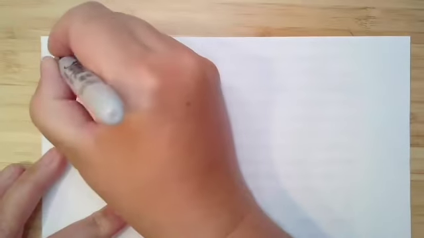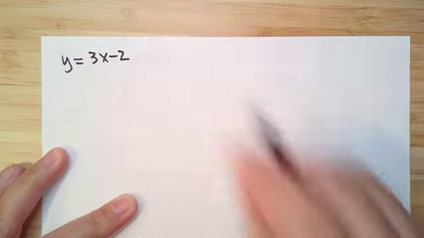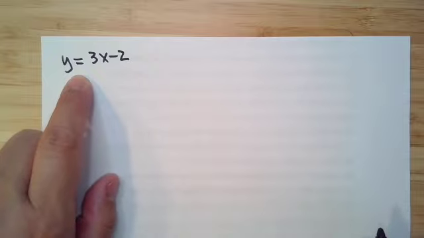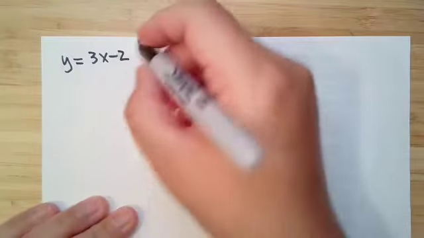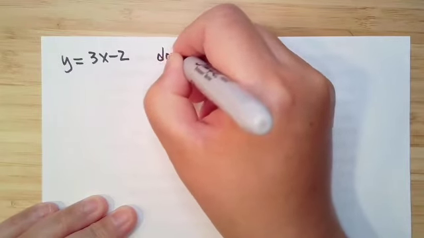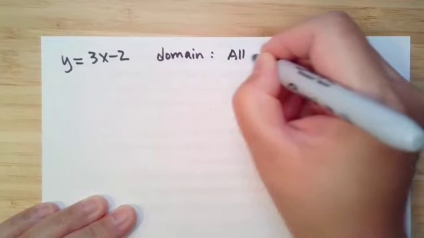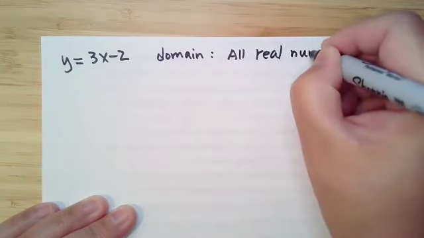So that's the first situation. Now the next situation: again, I ask you to graph y equals 3x minus 2. Later I'm going to tell you what this form is called. It's not a standard form, but it doesn't really matter. So this is a line, and here the domain is all real numbers.